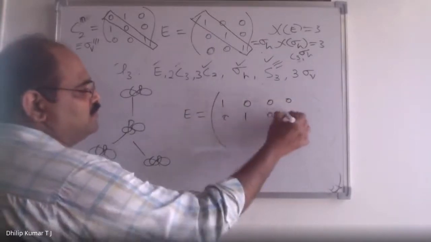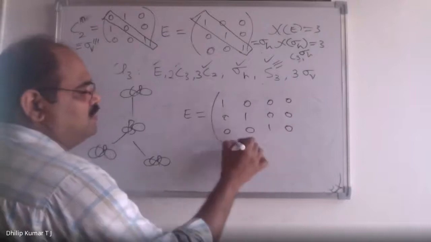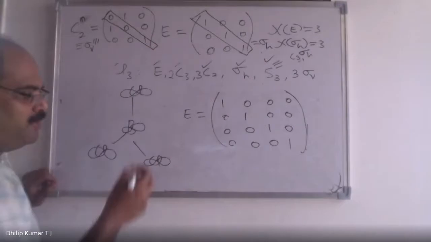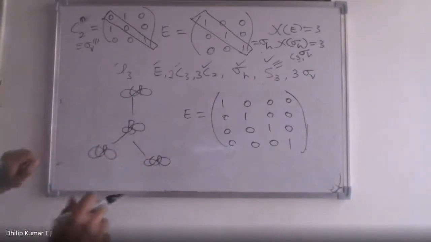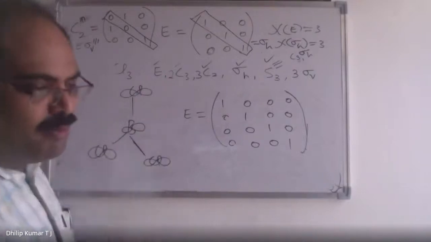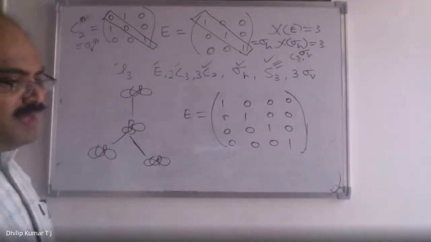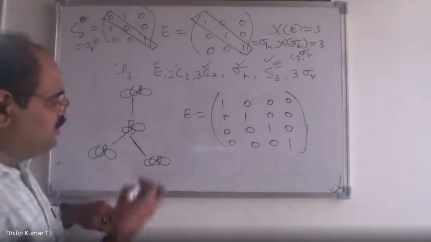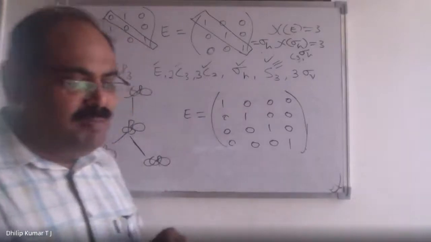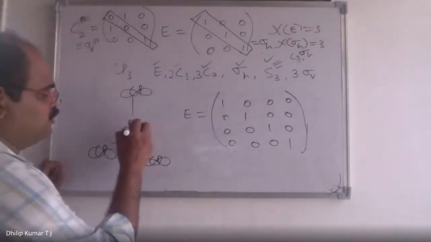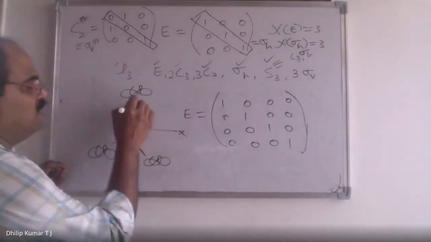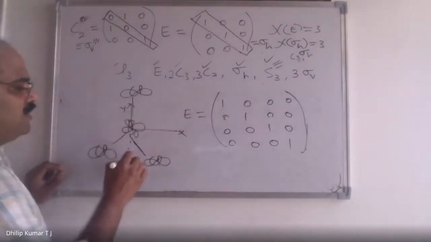0, 1, 0, 0, 0, 0. So now we are considering the p orbitals present in these atoms, and we want to know the bonding between boron and chlorine. What type of bonding is present, and what orbitals are involved, either px or py or pz, or a combination of px and py, because there could be 3 p orbitals, right? One is in this plane, so you consider this as x, this as y, and the other one is coming out as z.